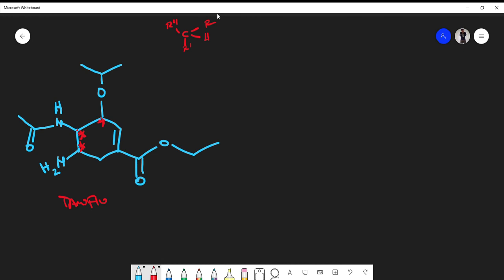Again, four different things bonded to this central carbon: we have this group, we have a CH group, we also have this big group here, and then a hydrogen coming out. Are there any more chiral centers in the molecule? And the answer is actually no. So the number of stereoisomers that we would get would be 2 to the third power, which would actually be 8. So really, you've got to train your eyes to see the chiral centers.